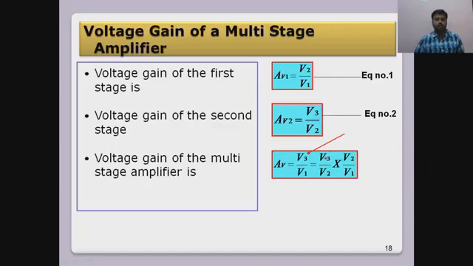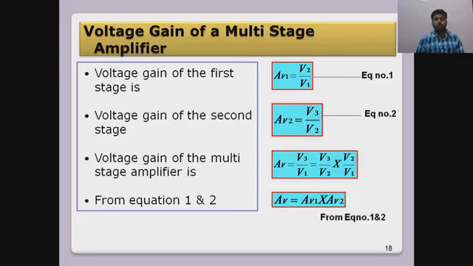Now with this equation, what you observe here: V3 by V2 gives AV2, and V2 by V1 gives AV1. So from equations 1 and 2, the overall voltage gain of the two-stage amplifier, I can simply substitute the values here.